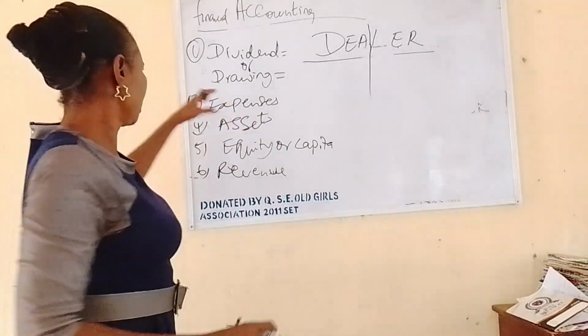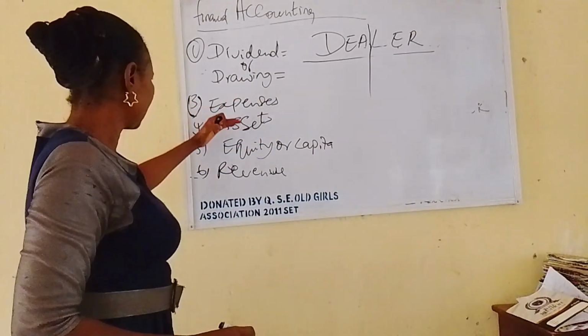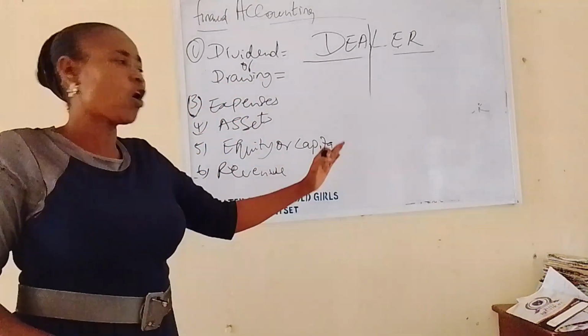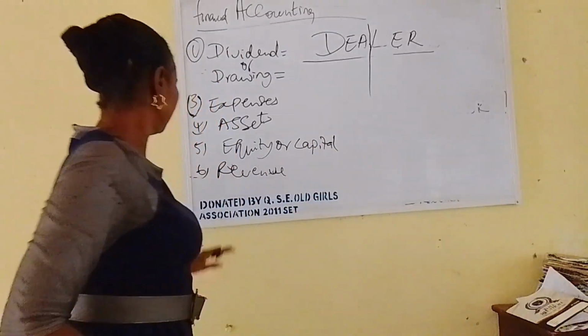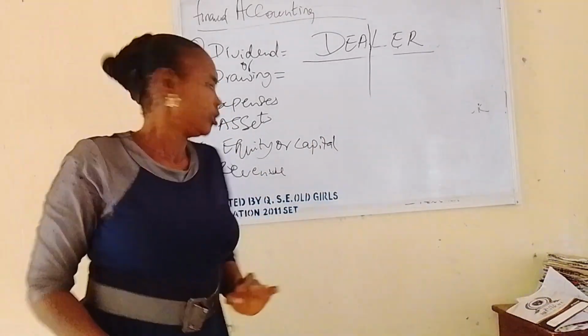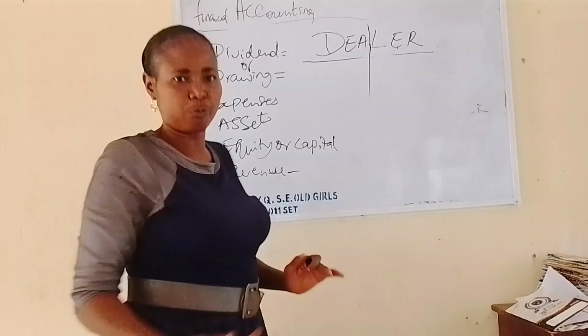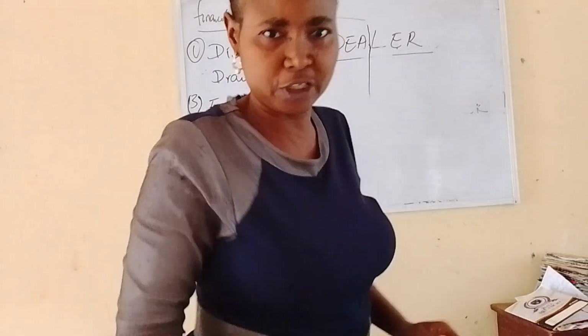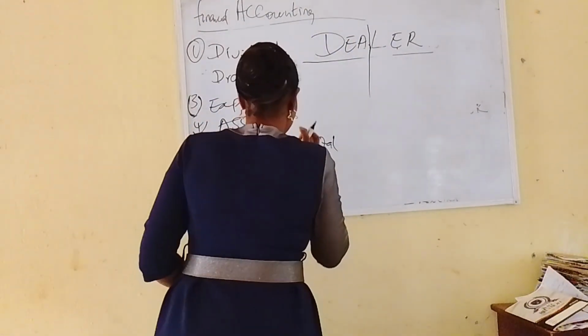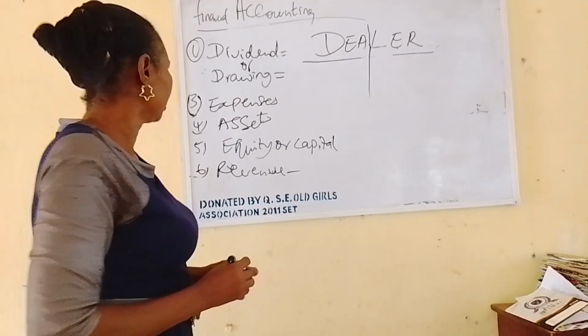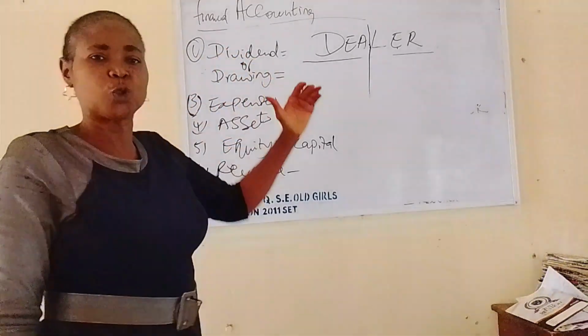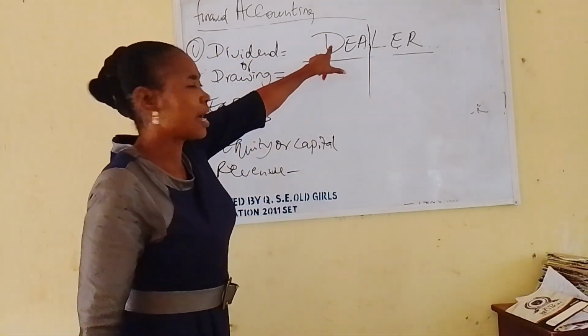Dividend or drawing. Expenses, assets, equity or capital. Then revenue, in the form of income or profit to the business. So it's dividend or drawing that has this D.